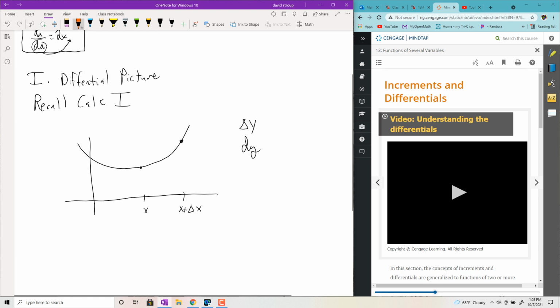You get the differential of y using the tangent line. So delta y, if this is a function f of x, is f of x plus change in x minus f of x, the change in height of the y values. The dy then is just the differential form of the derivative, which is f prime of x dx.